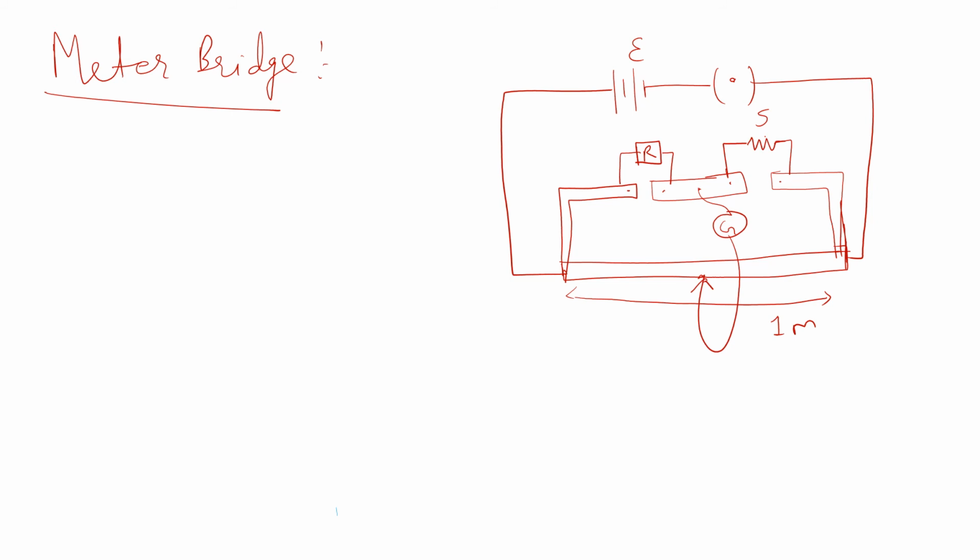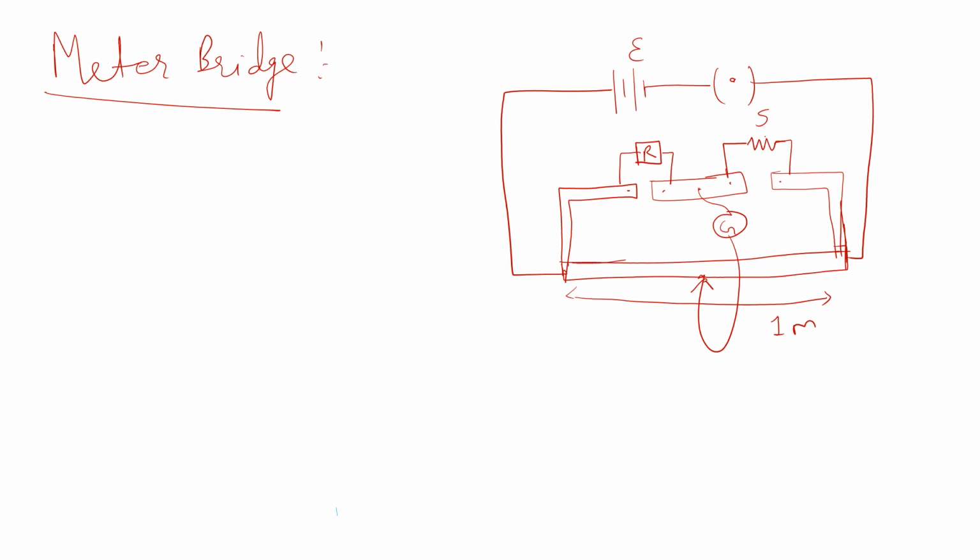So what we actually do here is we will be given a meter bridge. Meter bridge is nothing but just like a long wood plate, which is approximately 1 meter in length, and it somewhat looks like this.